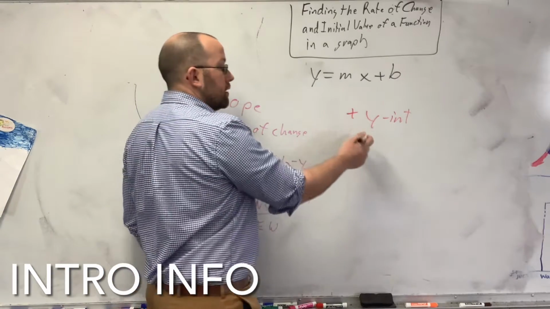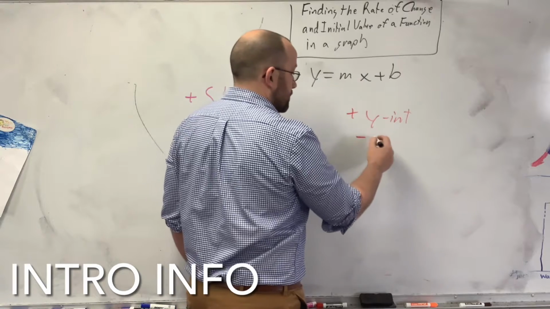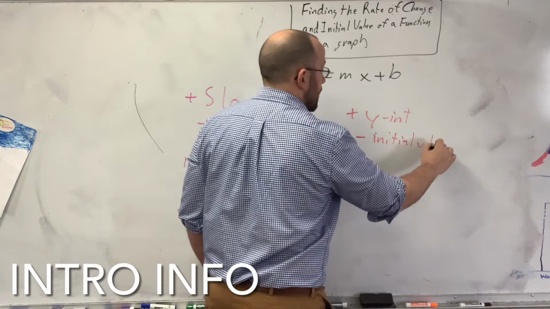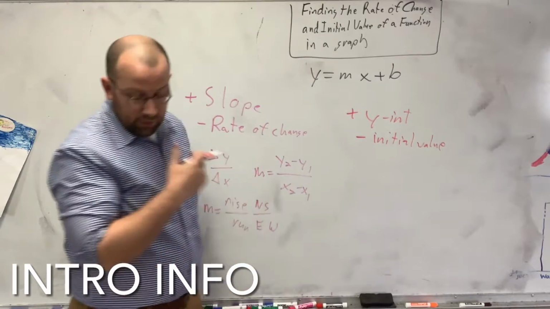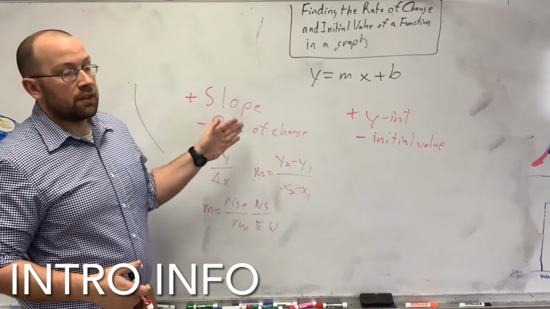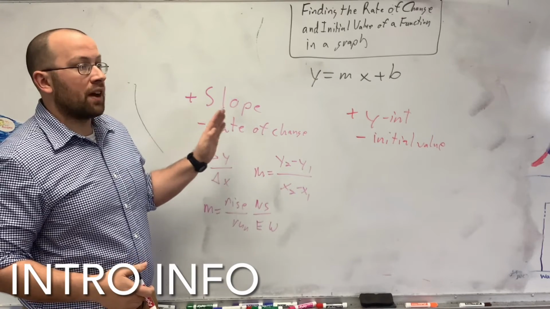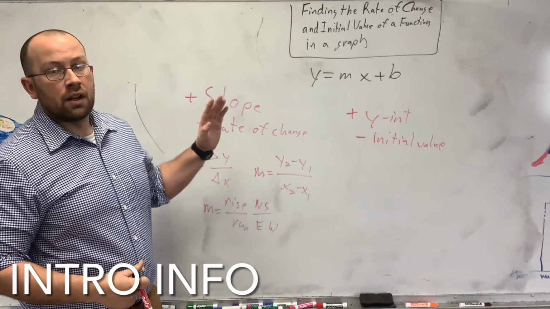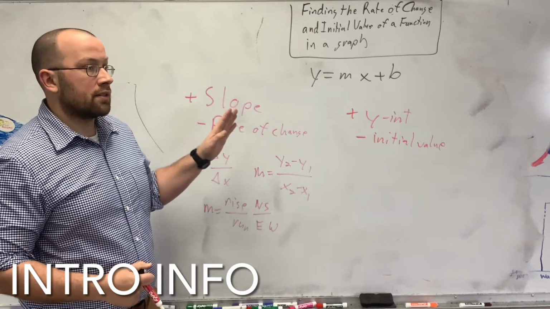So your y-intercept is your initial value. It's what you start at. Say I gave you the example from before, where I pay $25 per hour, and there is an insurance that I buy.